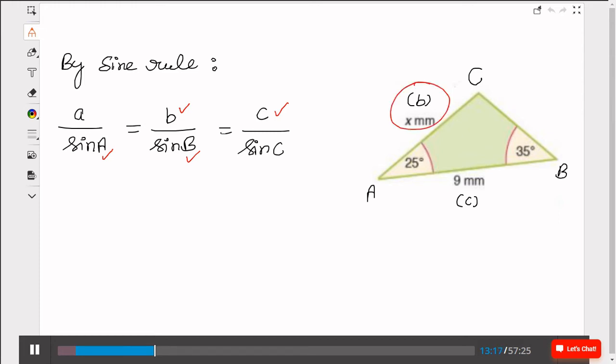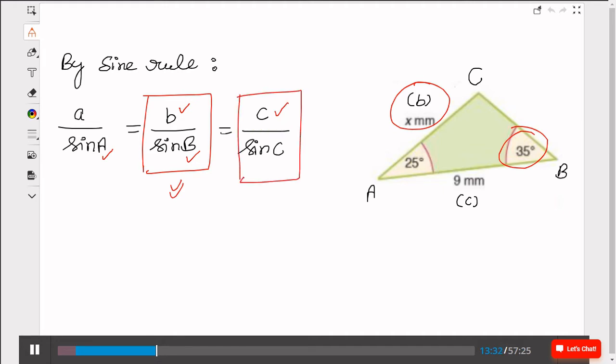But we are given side c, and they haven't given you the angle C here. It's better if you could figure out the angle C, then we can use these two. So b will only be unknown in that, and we'll be able to solve that. We can get angle C very easily because we can apply the angle sum theorem.